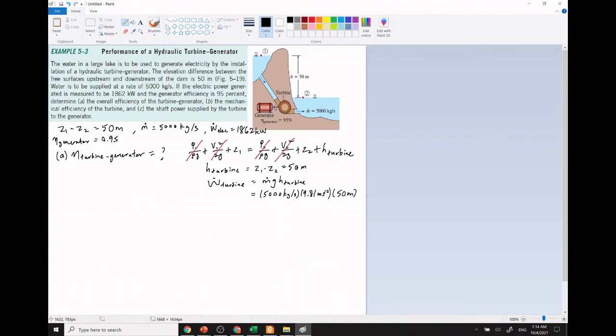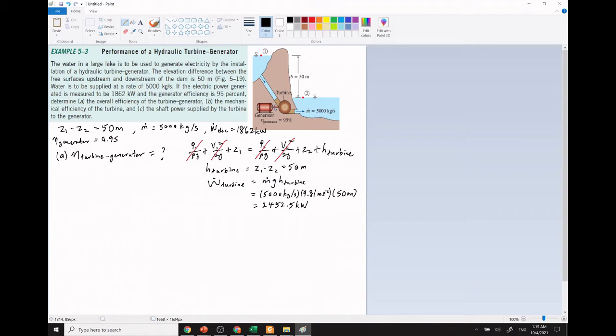If we do the calculation, we should get about 2452.5 kilowatt.